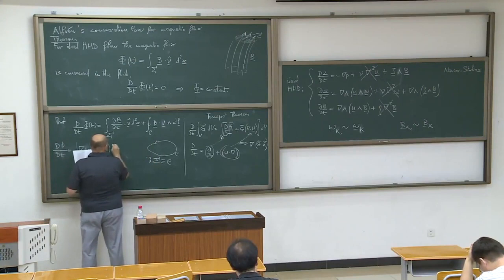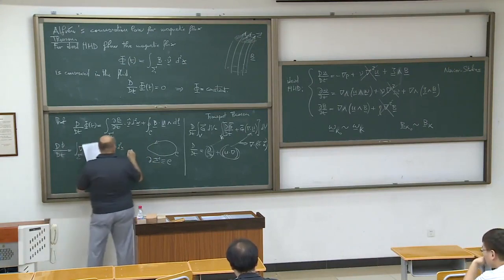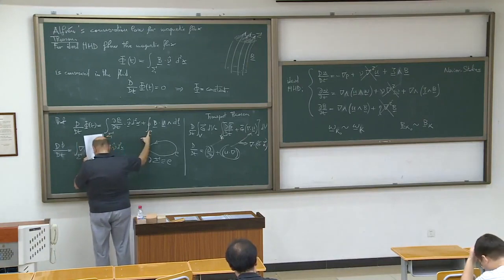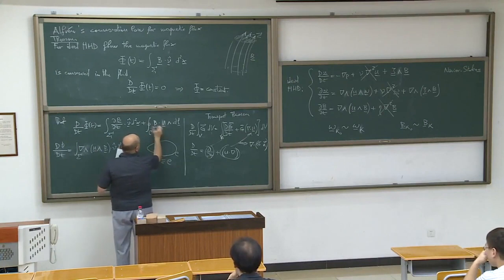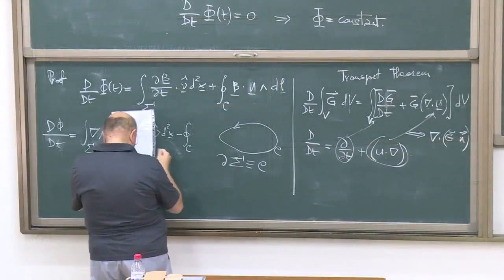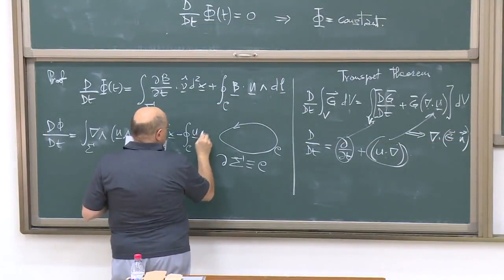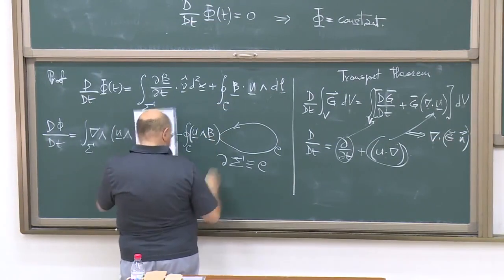And then we just switch these terms. So there is a minus sign in front: minus the circulation of u cross B dl.